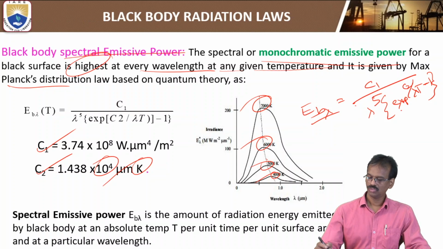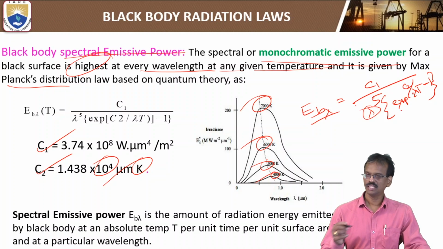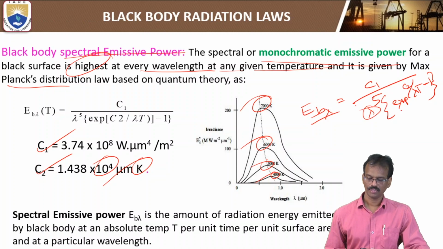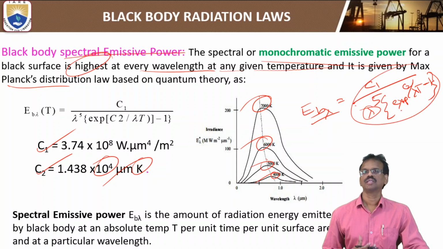Lambda is the given wavelength, so a particular wavelength. T is the absolute temperature of the black body. So we can find out, by using these values, the emissive power, or monochromatic emissive power, or spectral emissive power.